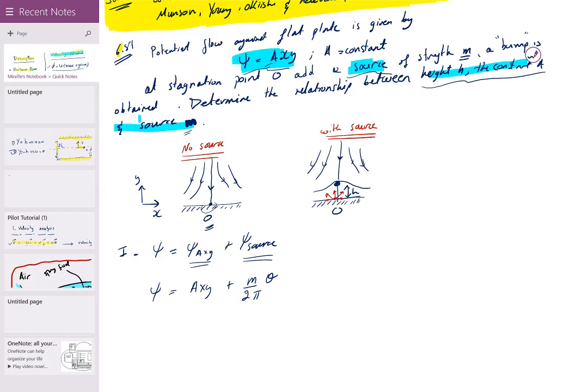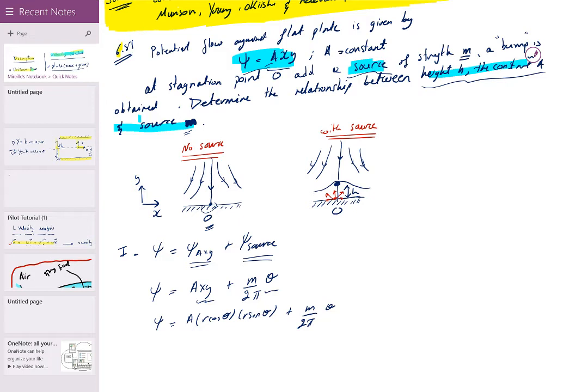That's my psi. Now again, I have the same problem. I cannot be working in two different coordinate systems. I cannot work in x, y, r, and theta. I cannot work in Cartesian and cylindrical. I have to choose one. So for convenience, I'm going to convert my x and y to r and theta and end up having A r cos theta times r sin theta plus m over 2 pi theta.